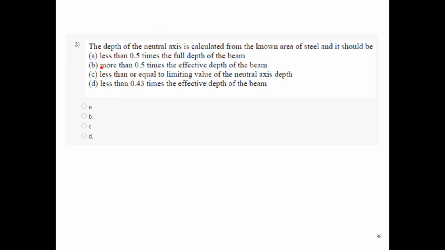In order to ensure that, the best criterion is to have an under-reinforced section, and even if it is not under-reinforced, at least it should be balanced, not over-reinforced, because failure in concrete is brittle, but in steel it is progressive. So ideally it should be either less or equal, that is, under-reinforced or balanced. So C is the correct option.